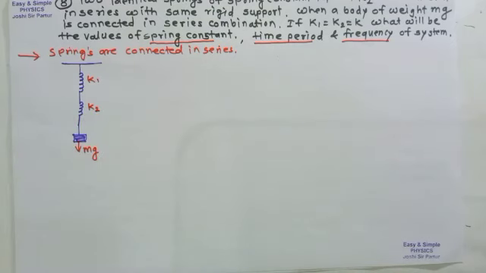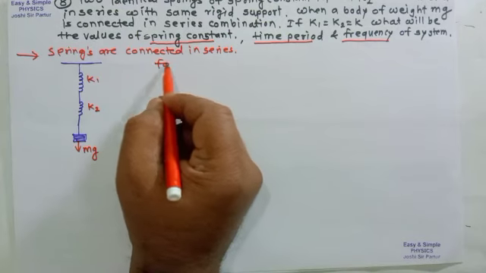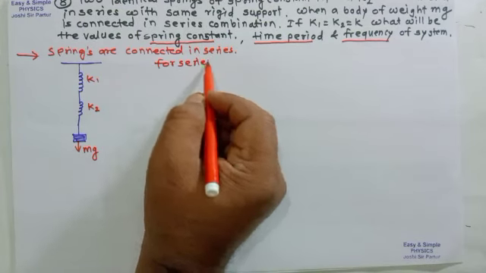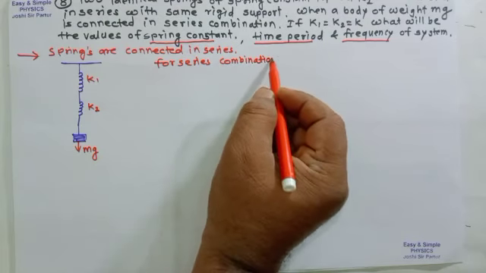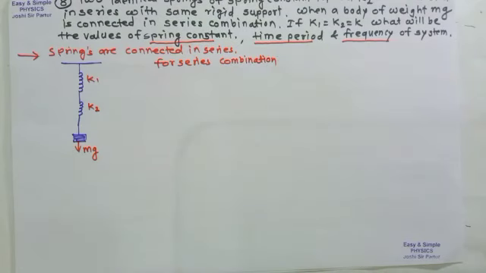Applied mg is in downward direction. So for series combination, elongation in each spring will be different.